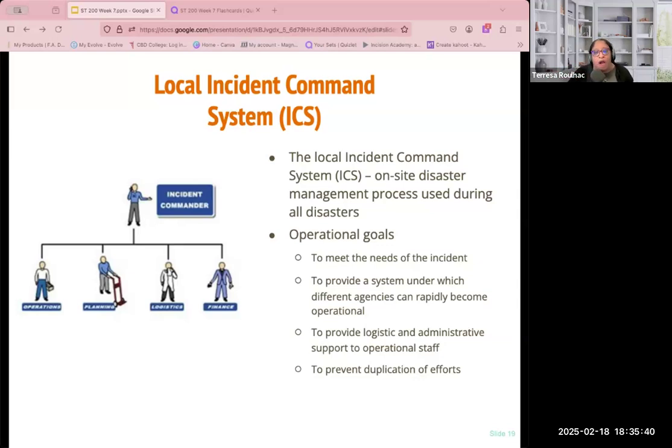We look at how disasters often require collaboration. Okay. Again, fire department, law enforcement, hospitals, and other emergency responders, they're all coming in. So, what does ICS do? They enable a unified system where different agencies can quickly start working together almost seamlessly.